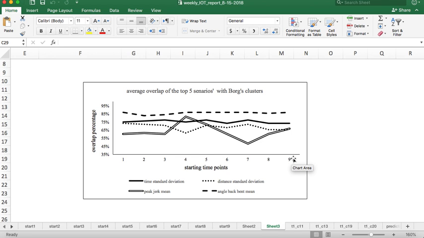So we start from the first time point and make the time series of the sensor data and Borg's rate and try to do time series clustering and see the overlap of the sensor data cluster labels and also the Borg's cluster labels.